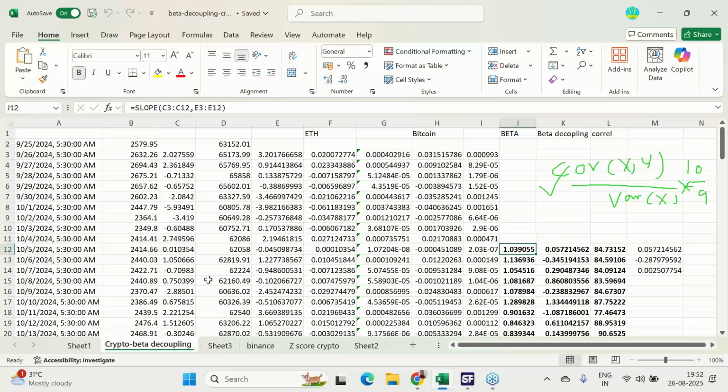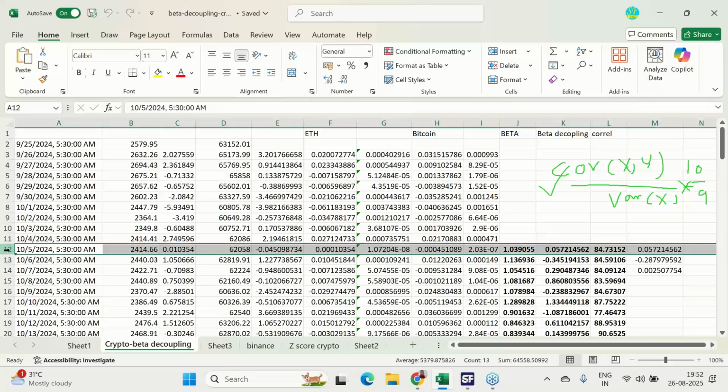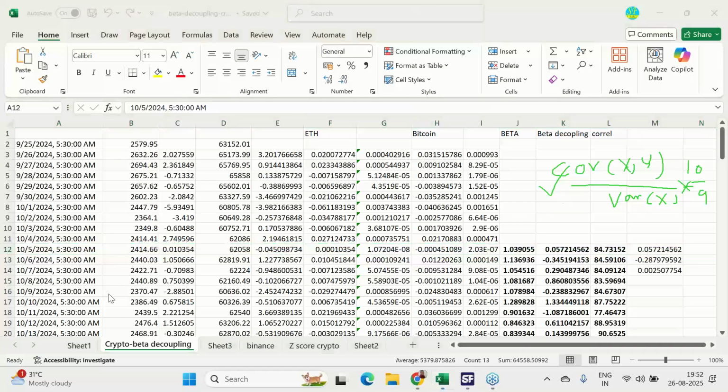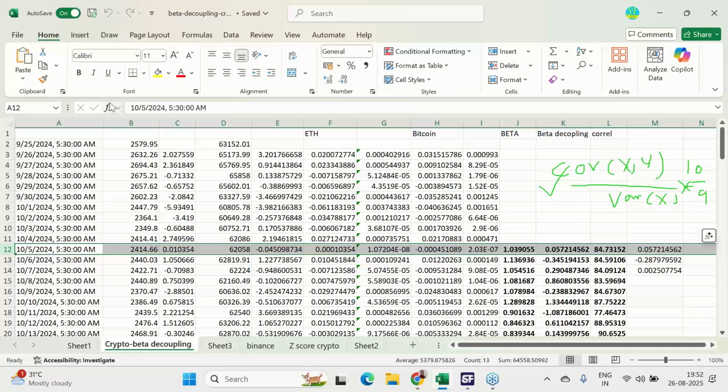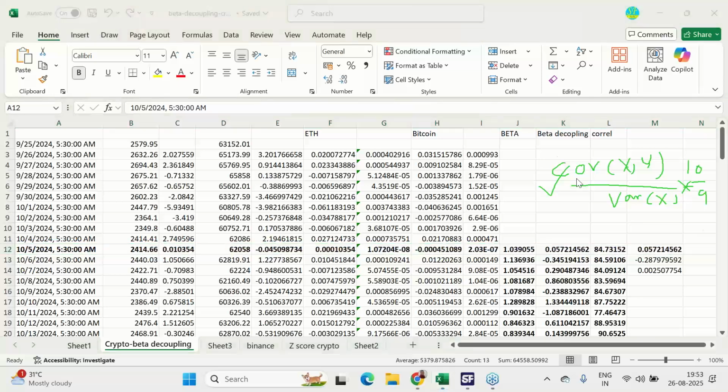We'll find out. So this particular beta that we are getting, 1.03, is applicable for 5th October 2024. This is valid for which day? 5th October 2024.